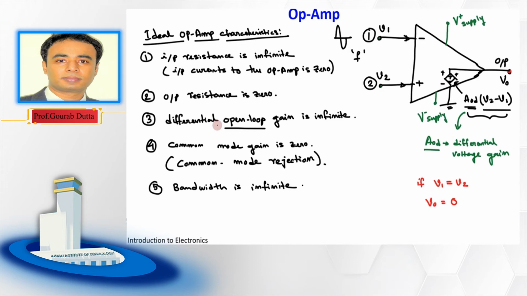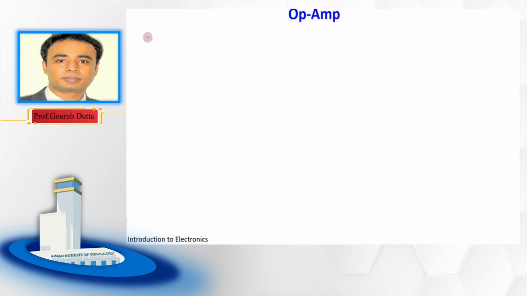So if this part is clear to you, then let us also discuss in the next page what are the characteristics of a practical op-amp, or how the performance of a practical op-amp differs from this ideal op-amp characteristics. Fine. So practical op-amps.